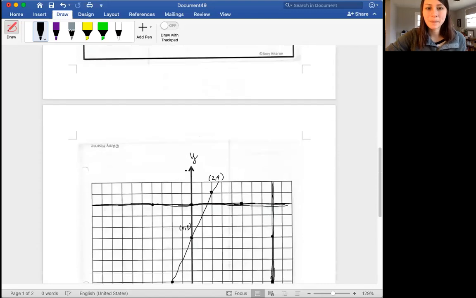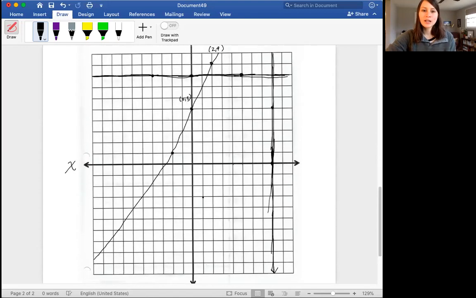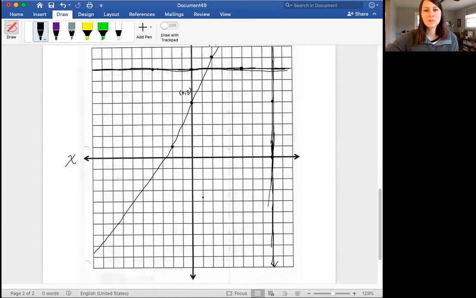Okay, so your graph, you're going to end up creating some sort of picture. I can't draw a straight edge, but it's going to look something like this.